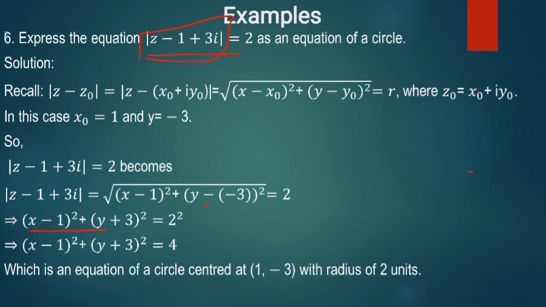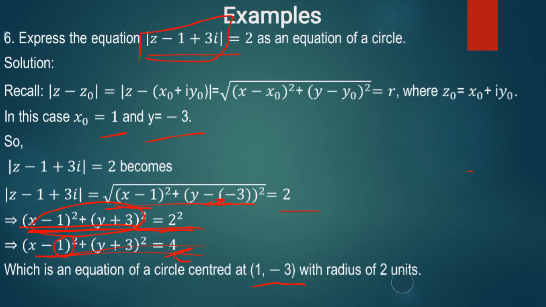So first, we got to this point by squaring both sides and simplifying this particular part, and then you arrived at this. And simplifying further, 2 squared is 4. So that's how we got this, and this is the equation we seek. It's an equation of a circle centered at 1 and, remember, we got x naught to be 1 and y naught to be minus 3. That's why we have it centered at 1 and minus 3 with radius 2 units. Okay, that's how we got that.